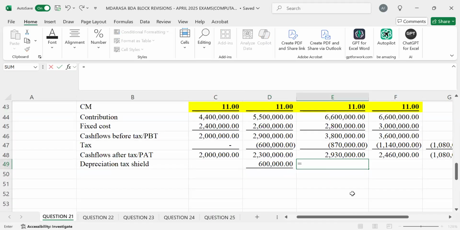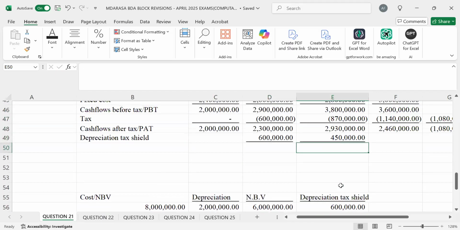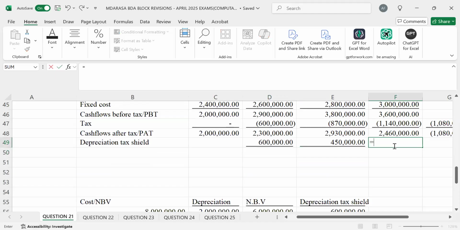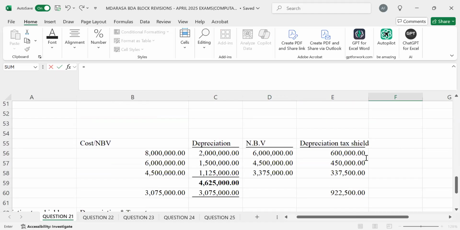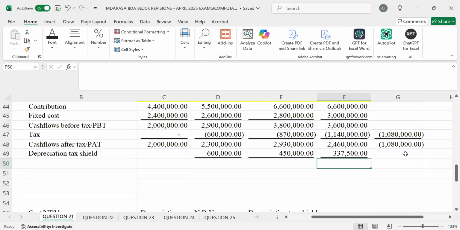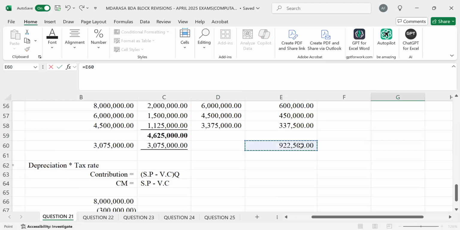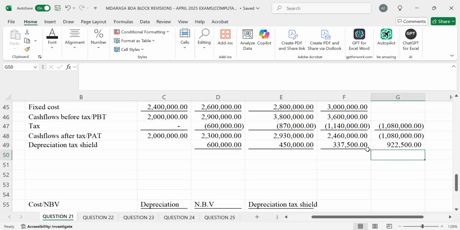The one for year 2, we have it in year 3. The one for year 3, we have it in year 4. And of course, we have this claimable in year 5 because they are in arrears. They are in arrears, depreciation tax shield, which we should add the same value here.